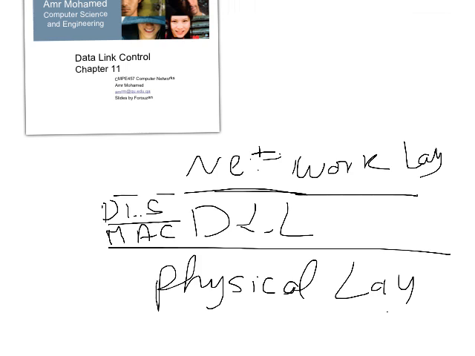The main functionality of the data link control sublayer is three things. First, it's the first sublayer that receives packets from the network layer, and it needs to convert that into frames. So the first step is what we call framing.